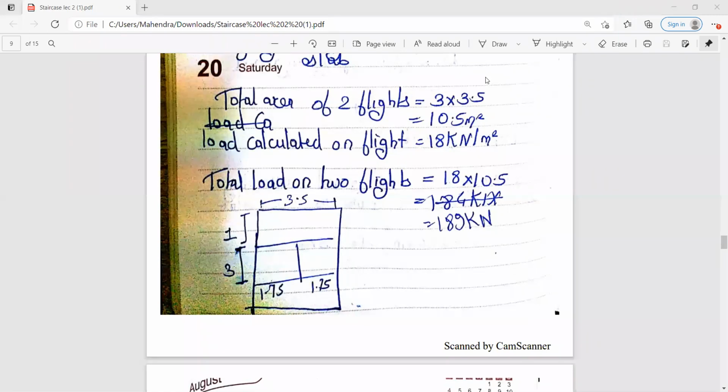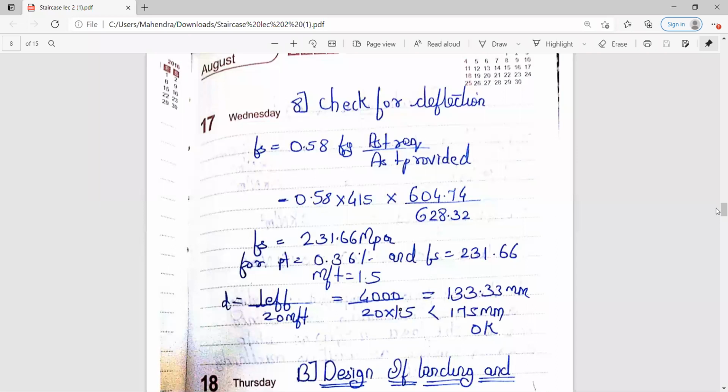Then the load calculated on the flight, the total load that you had calculated in the above step, that is the load on the flight, you are going to get it as 18. In the earlier steps, you have calculated the load for the flight, that is your 18 kilonewton per meter square.